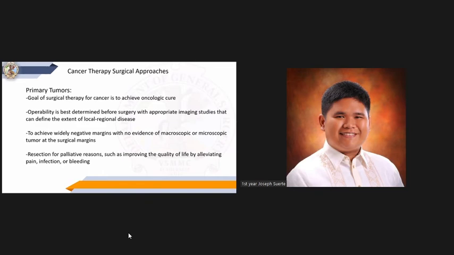But there are instances that we do surgical resection for palliative reasons, such as to improve the quality of life by alleviating pain, infection, or bleeding.